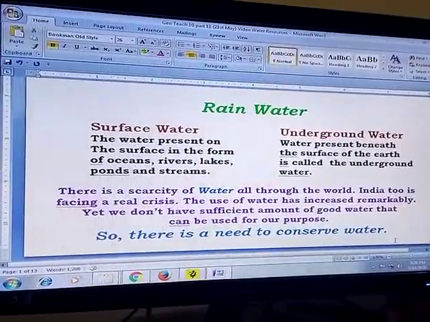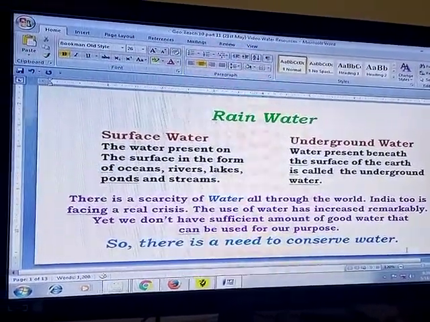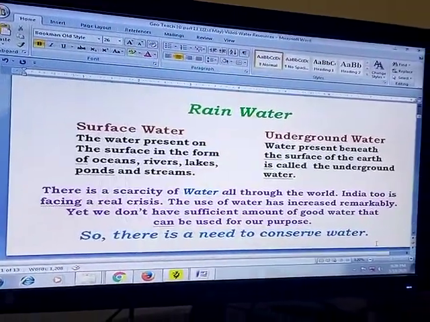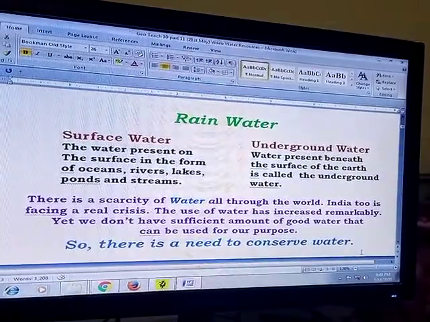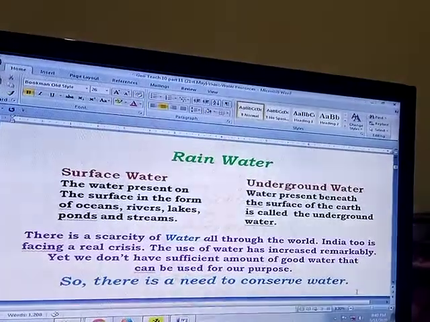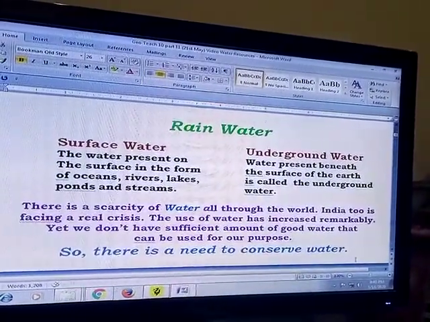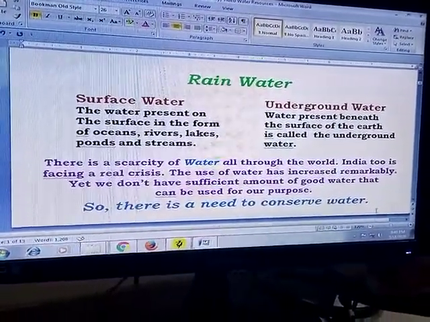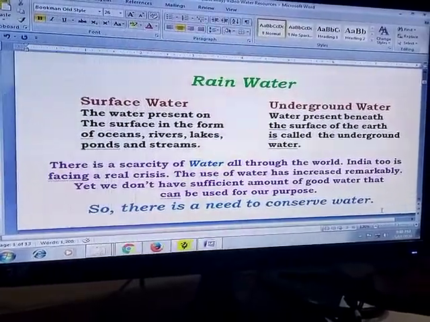It is on the surface, that's called surface water, and when the rainwater percolates, sinks deep into the surface, that's known as the underground water. Surface water is the water present on the surface in the form of oceans, rivers, lakes, ponds and streams. And underground water, water present beneath the surface of the earth, is called the underground water.